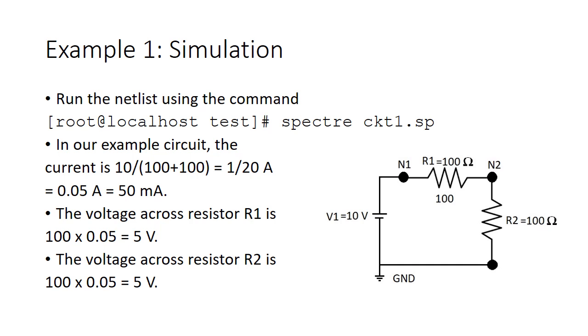The voltage across resistor R1 is resistance value 100 into 0.05, so 5 volt, and the voltage across resistor R2 is again 100 into 0.05, so that is 5 volt. Since the two resistors are identical, the 10 volt potential is equally divided across R1 and R2.